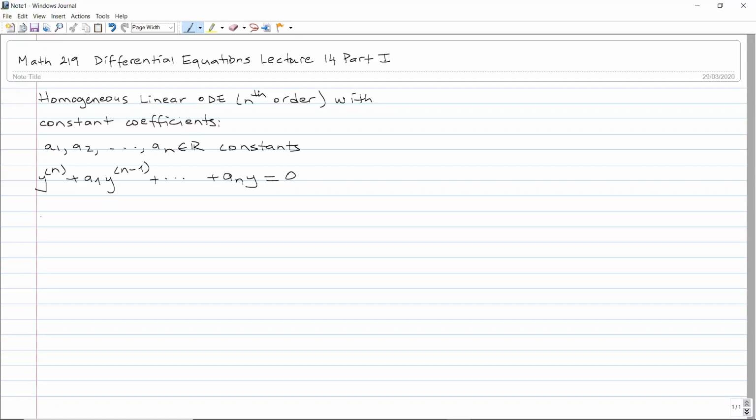Now we have the characteristic equation, Pn of lambda, the polynomial. We just take the coefficients of our equation. So we start with lambda to the n plus a1 times lambda to the n minus 1 plus an minus 1 times lambda plus an equal to 0. This is our characteristic equation.